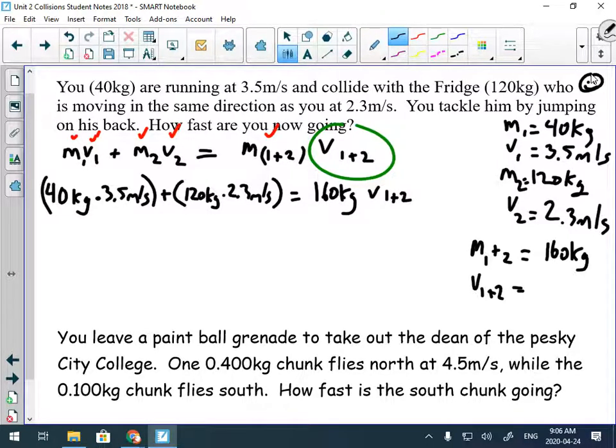Okay, so let's do all the math on the left-hand side. All right, so I'm going to do this just on my calculator for speed. 40 times 3.5 is 140. 120 times 2.3, okay, is 276. Now I'm just going to add that together just to speed things up a bit. I get 416.